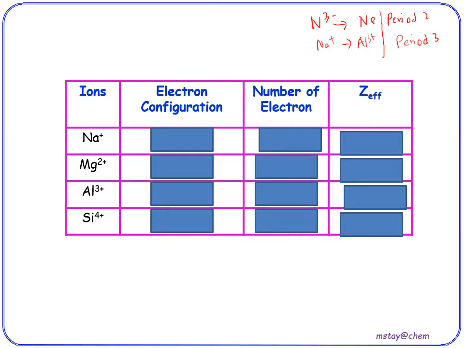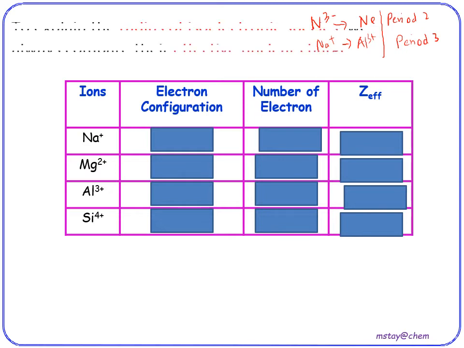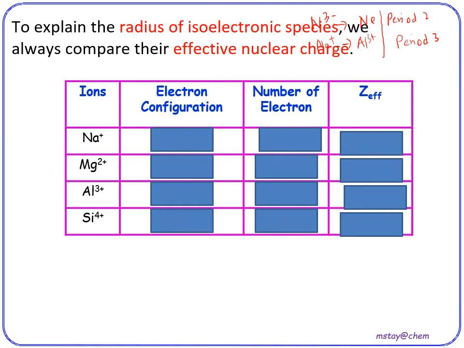So they are isoelectronic, but initially their atoms are from different periods. Now we are going to discuss ionic radius, where all the atoms of these ions are from the same period, which is period 3.